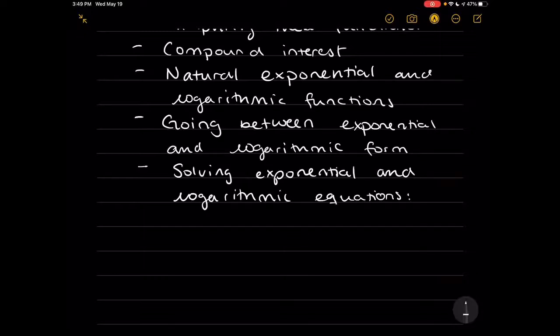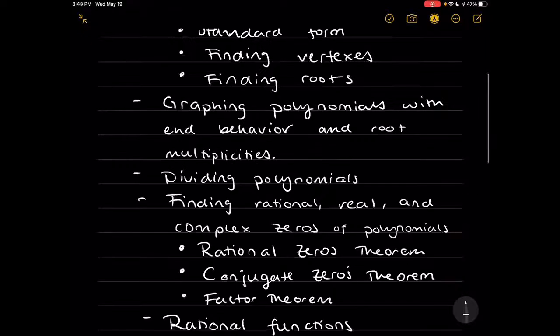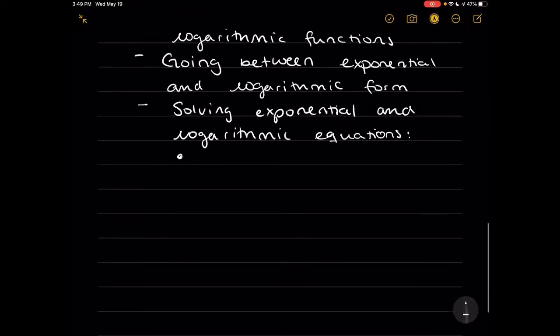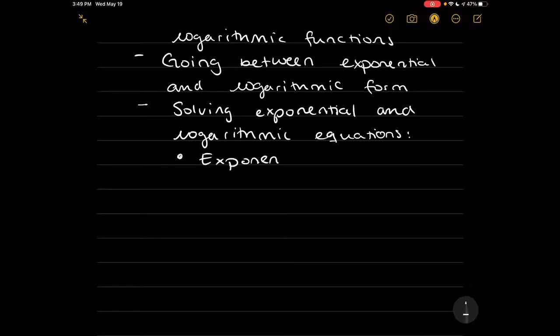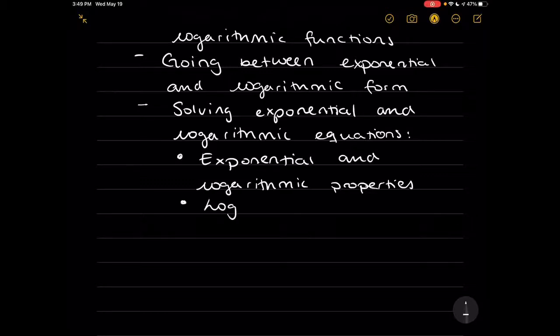And some of the tools we were using to solve these equations was exponential and logarithmic properties. And we also used log laws, which came in handy.